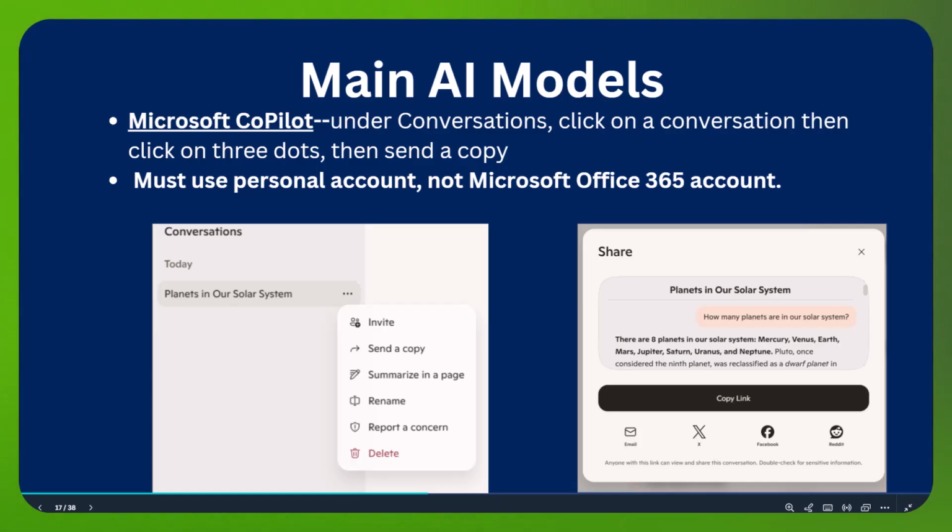You cannot use the Microsoft Office 365 account that Texas Wesleyan provides for you because you are not able to share chats. Once logged into Microsoft Copilot, under Conversations on the left, click on a conversation, then click on the 3 dots, then click on Send a Copy, and you will see the share box that is on the screen.